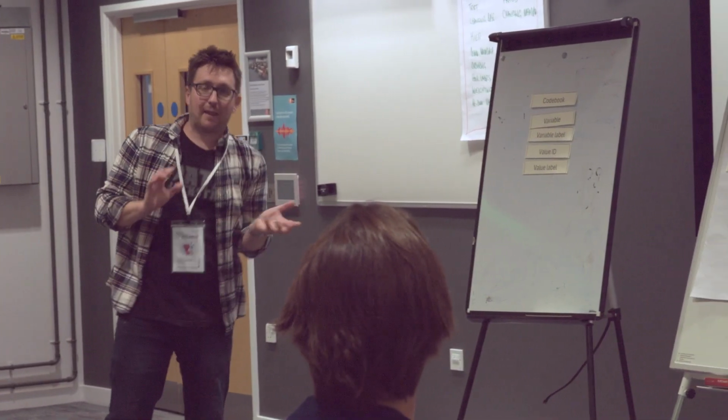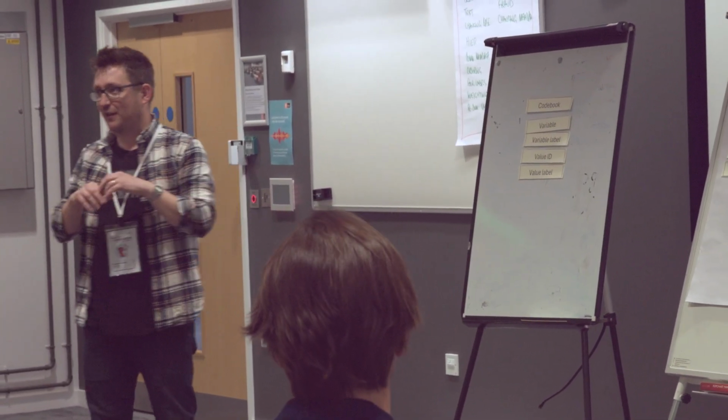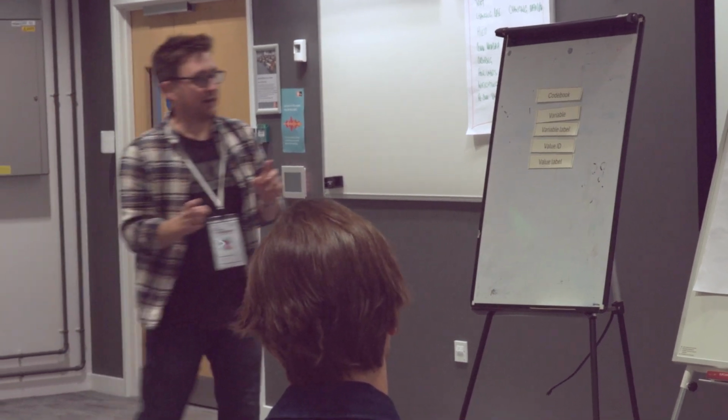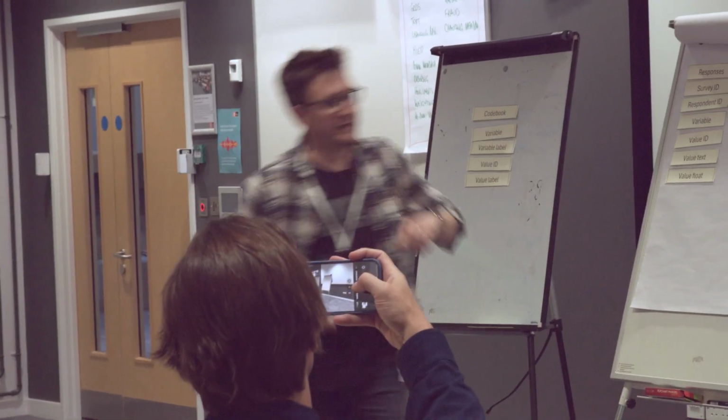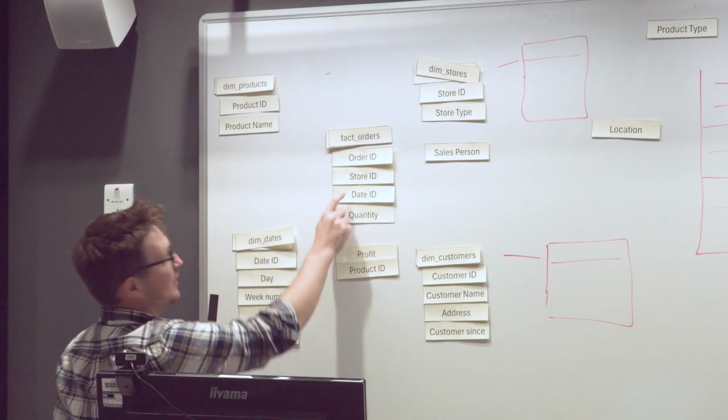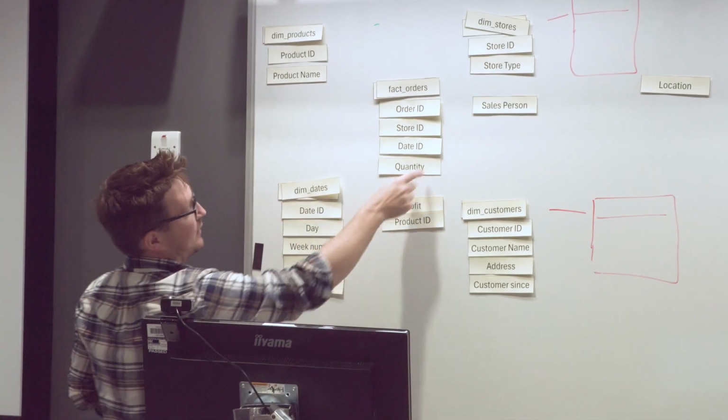I move a little away from the official, traditional Kimball method here, in that normally these items are joined on a single key. So store ID links to store ID, date ID links to date ID.